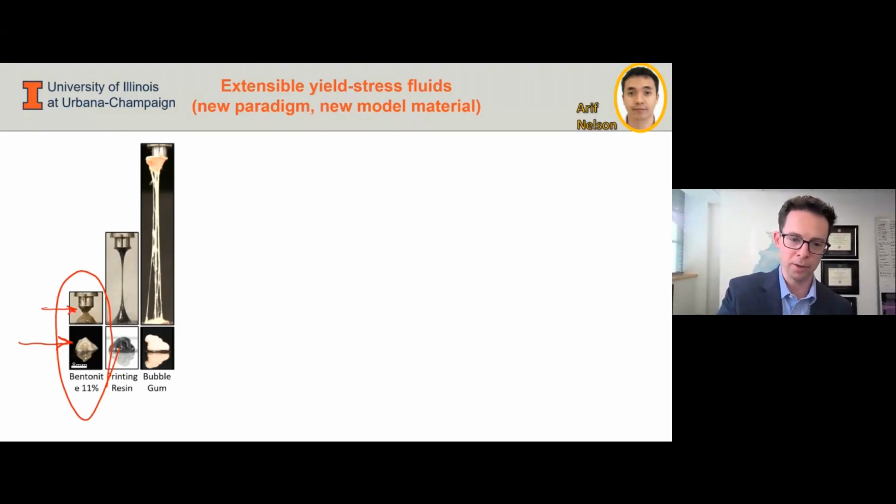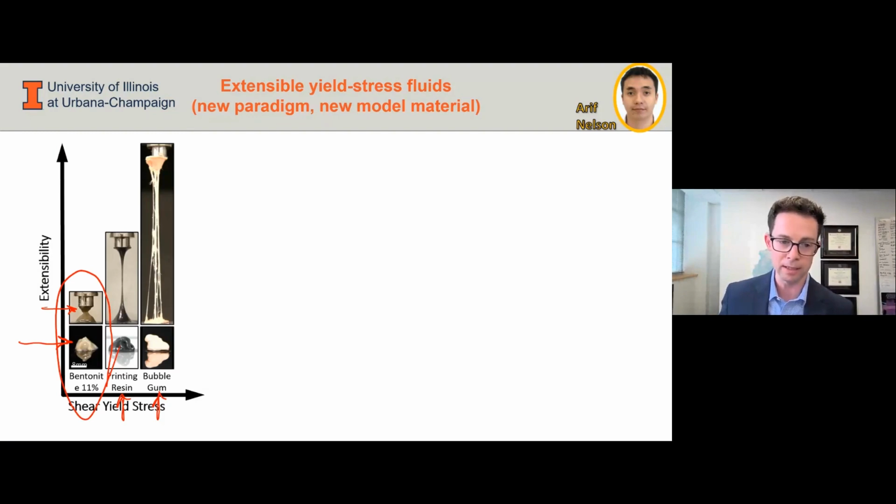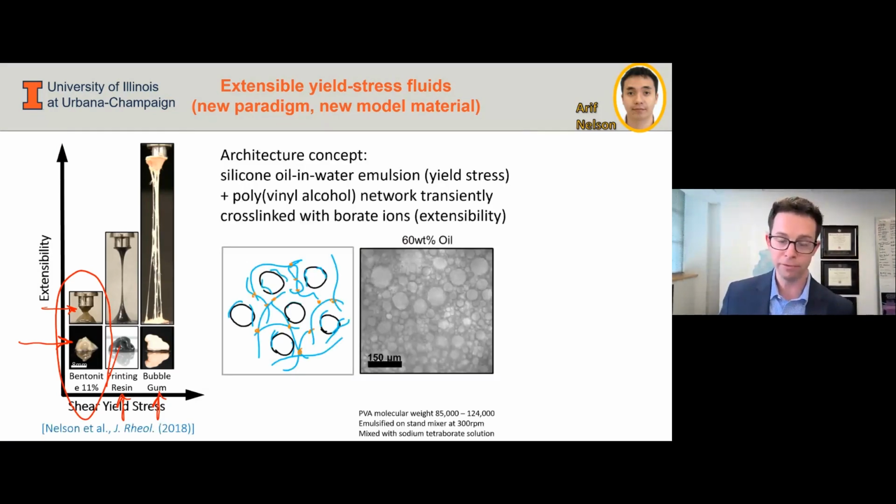Whereas real materials, like we're just showing a printing resin, and for the extreme, something you can connect to, bubblegum as well, which has a yield stress and has very high extensibility. So this definitely exists, but there weren't model materials to really study this range of yield stress and extensibility. Gareth formulated a material.